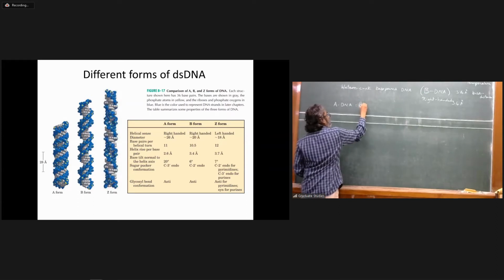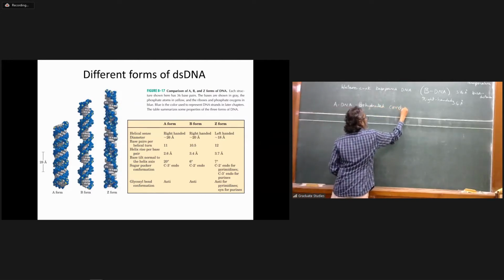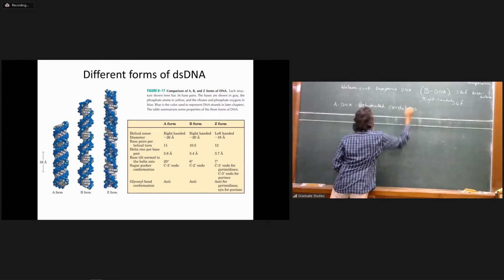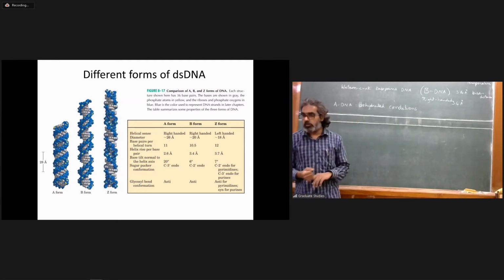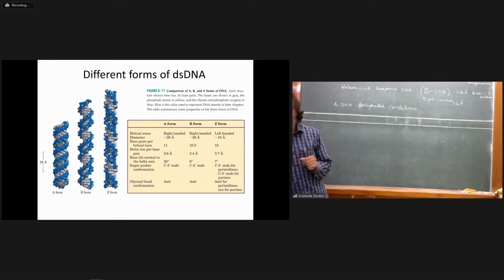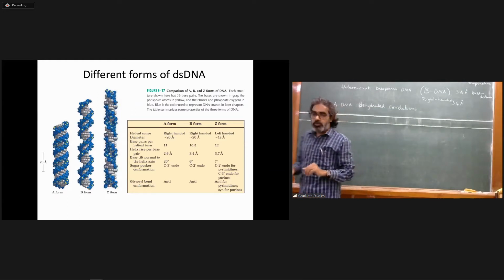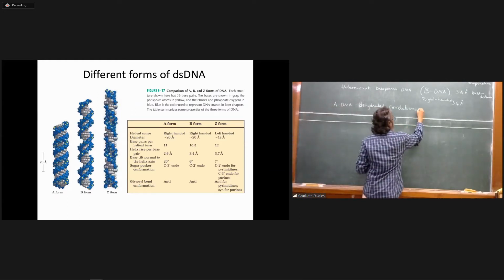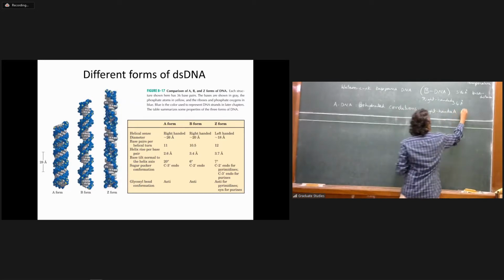If you remove water, either you have less water content or you add substances to the solution so that the water content is less, then there are small changes in double-stranded B DNA that lead to A DNA. Again, it is the same right-handed double helix.